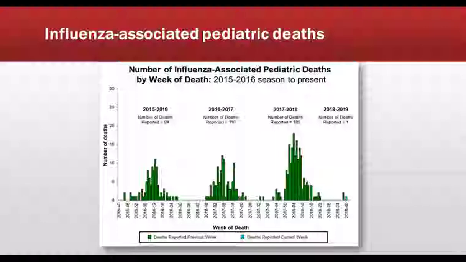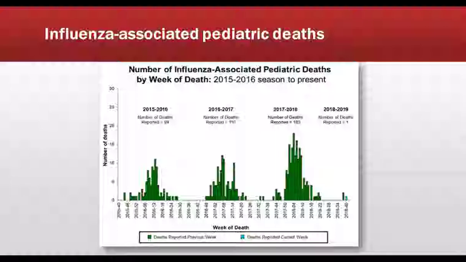But it's not only adults who get sick and adults who die. Children actually are more likely to get influenza, primarily because of their intimate contact with other children and their lack of pre-existing immunity, particularly if they've not been vaccinated, and children do die. And so pediatric deaths due to influenza are reportable. If you look back over the past decade or so or longer, about 100 children die every year from influenza.